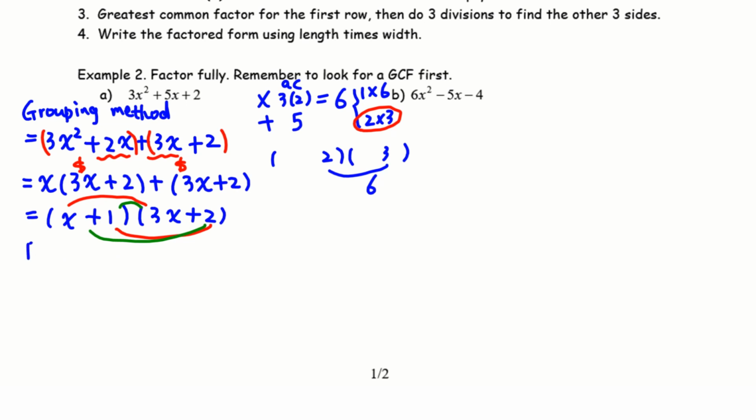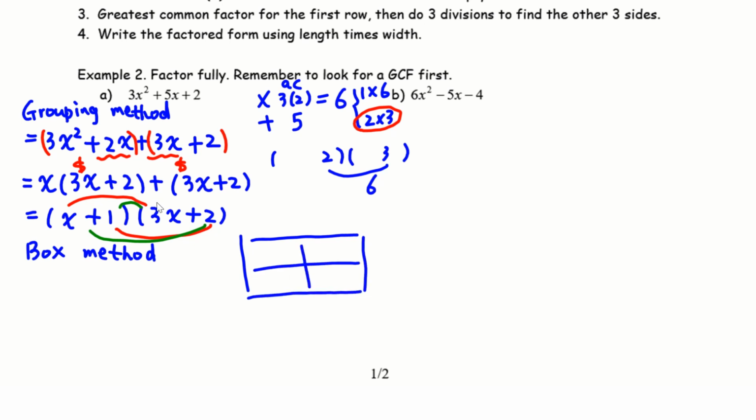And the box method. You don't have to know all those methods, but I want to show you, then you pick the one that you like. So box method is, we write this one row into 2 rows. So the first goes into the first, 3x squared.